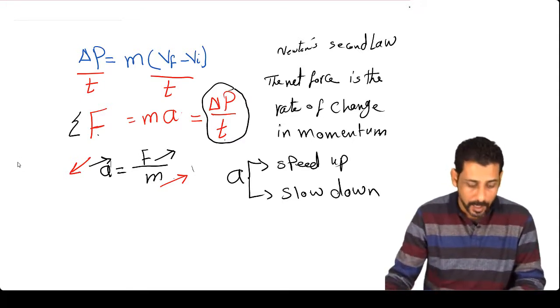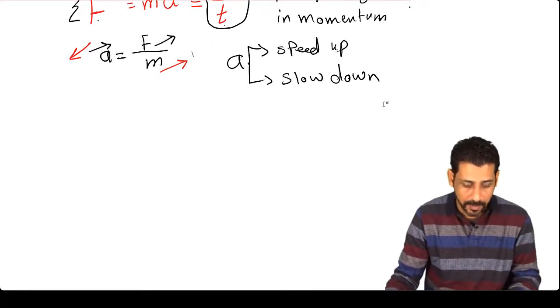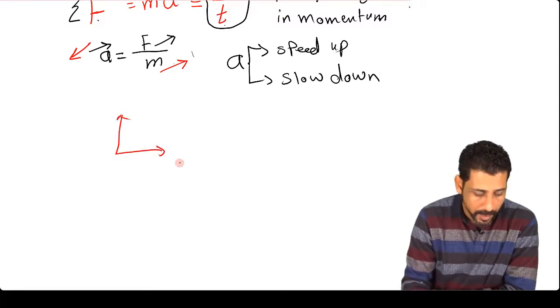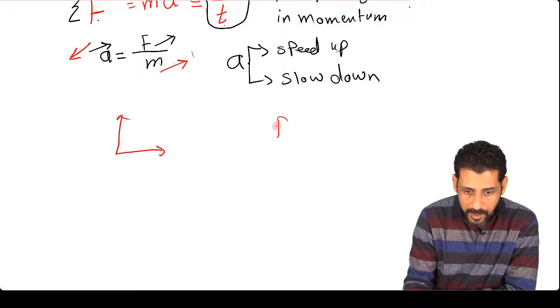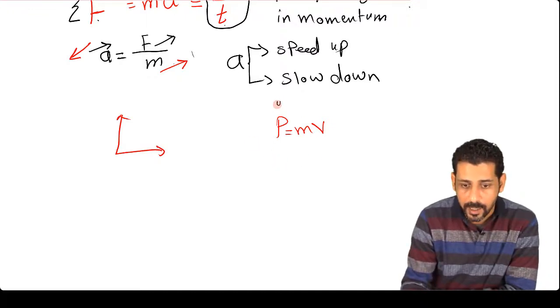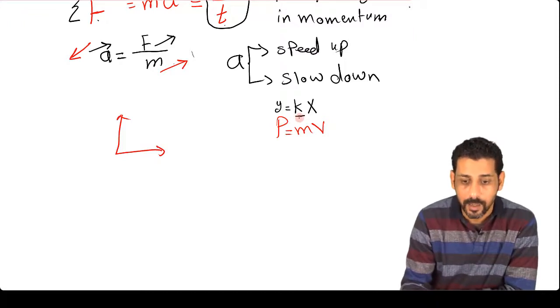If we'd like to make a relation between momentum and velocity, we already know that P equals M times V. So if we put it in the form Y equals K times X, K here represents the slope.